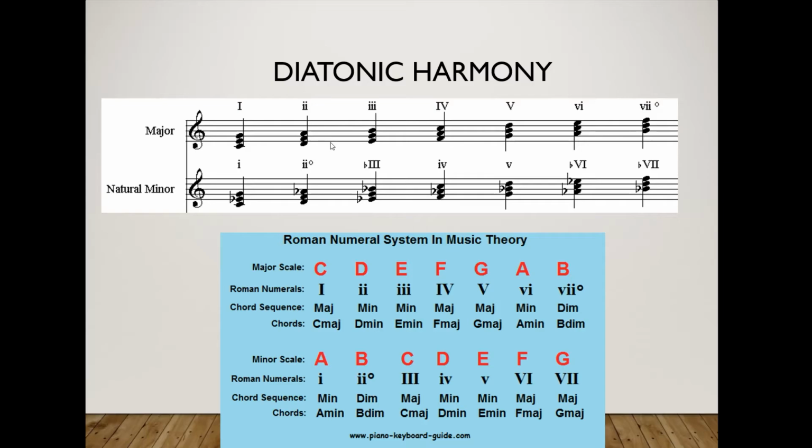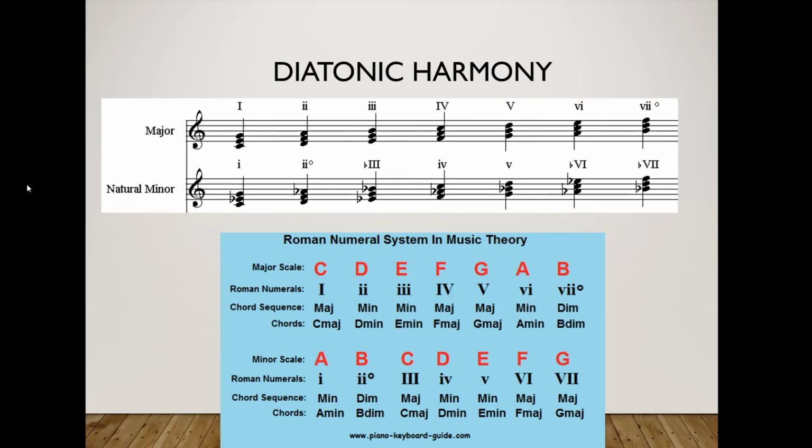Okay? If I was still in the key of C, but was building my chord off of the third note in the scale, or what's also called the third scale degree, I would have E, G, and B. And again, these all relate to the notes that are in the key of C major.